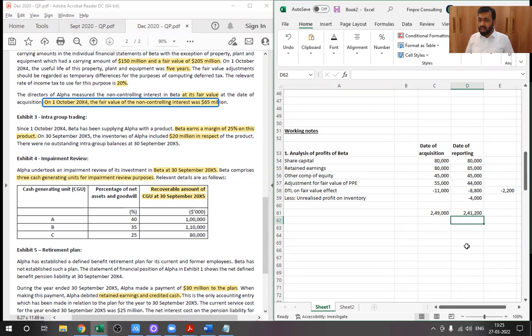Net worth as on the date of acquisition is 249, but as on the reporting date it is 241,200. Post acquisition, is your net worth reducing or increasing? I'm not asking any complicated question, right? Reducing. It reduced, so it's a loss. I have a loss on this.